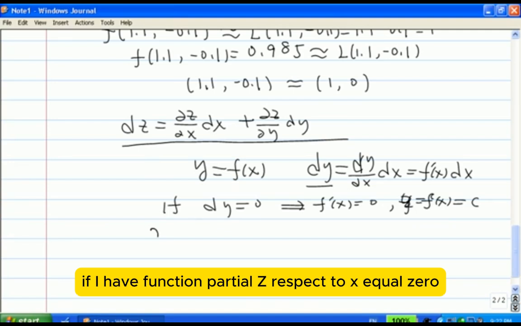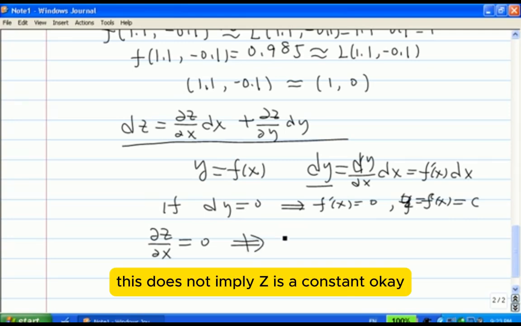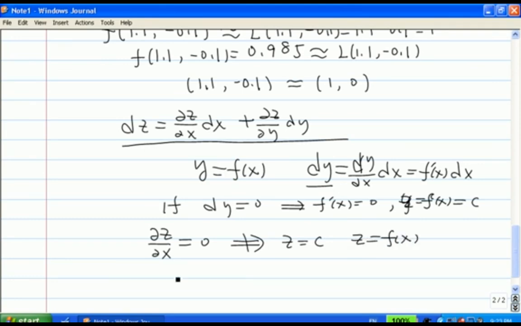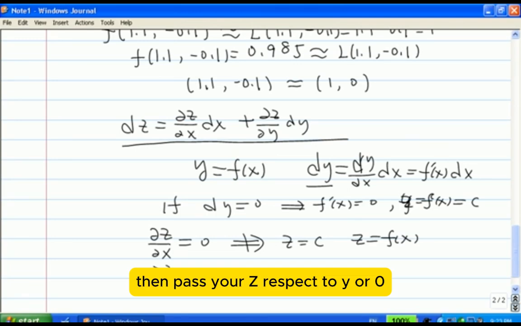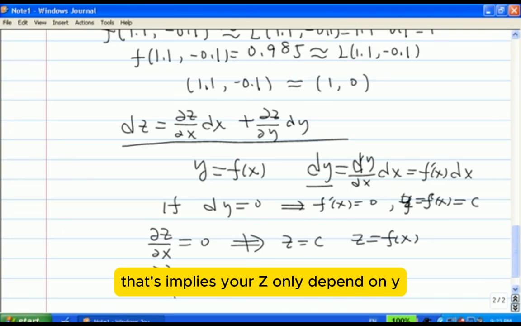Okay. Now look at it here. If I have partial z with respect to x equal to 0, this does not imply z is a constant. Okay, this only says z only depends on y. Then partial z with respect to y equal to 0, that implies z only depends on x.